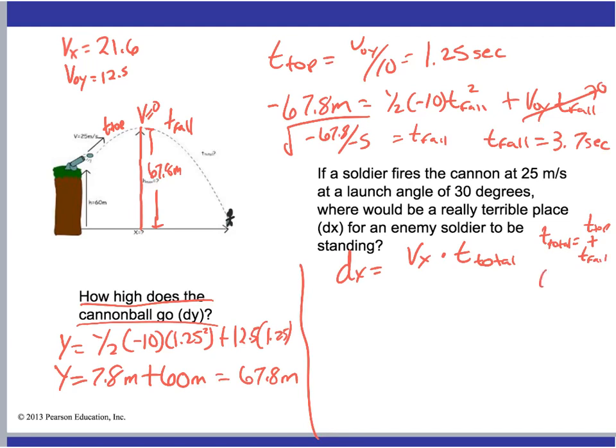So our total time would be equal to 1.25 plus 3.7, and so it should be 4.95. So we got dx is equal to 21.6 times t total, which is 4.95.